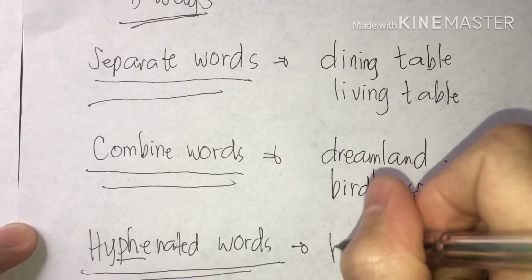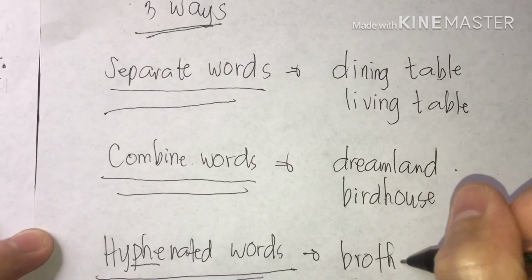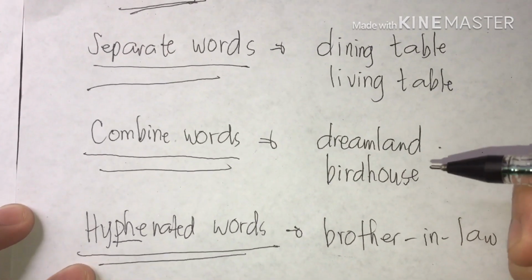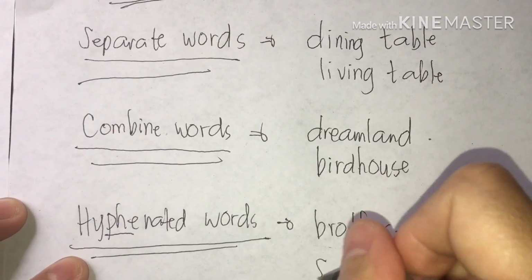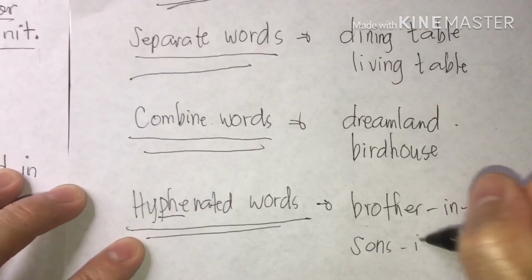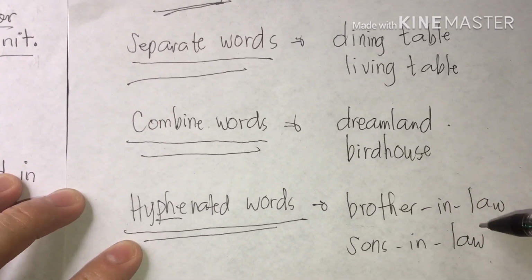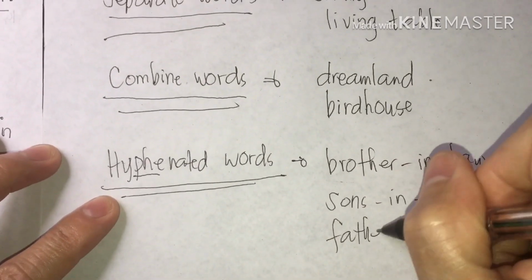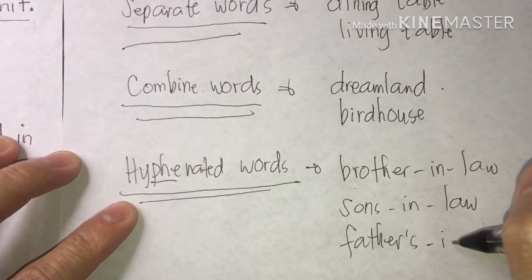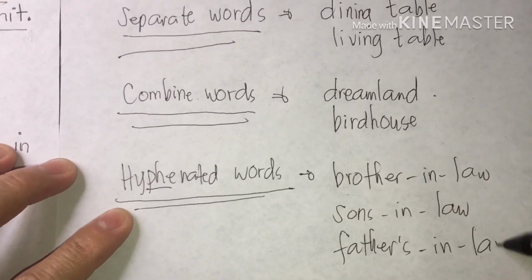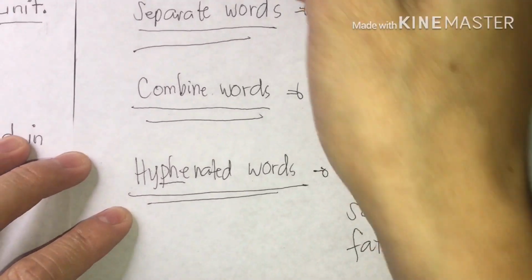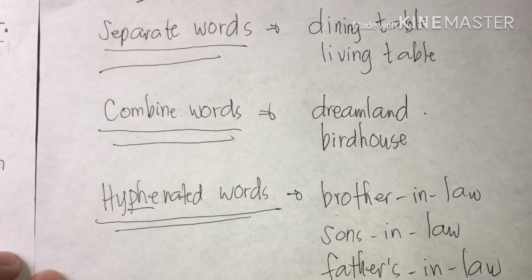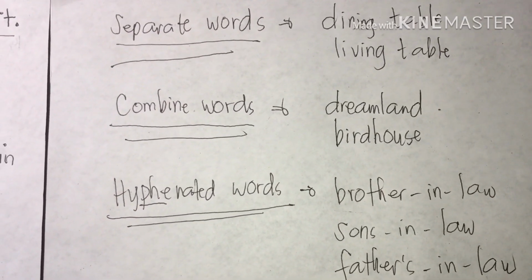A very common example is brother-in-law, or else sons-in-law, or fathers-in-law. These are very common examples. These are the three ways on how to write compound nouns or compound words.